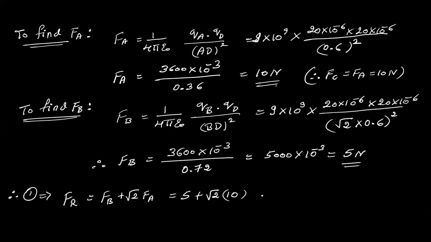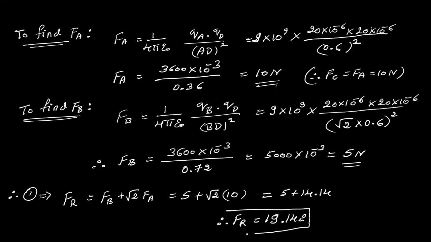Calculate: root 2 is 1.414, into 10 gives 14.14. So 5 plus 14.14 totally comes as 19.142 Newton. This is the result.